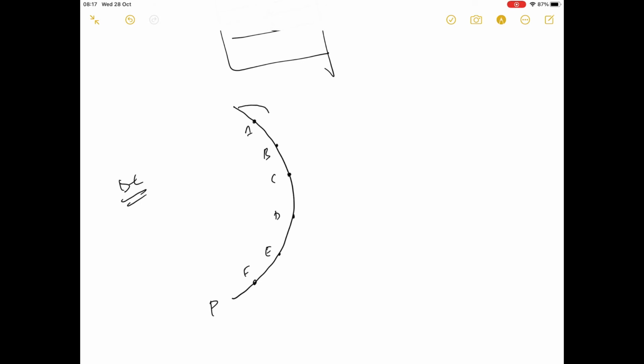He said every point will send out a secondary wavelet, which is drawn as a semicircle, and the radius of this semicircle is going to be delta t into V, where delta t is the time interval after which we want to find the new position of the wave, and V is the velocity of your wave. So every point will set out a semicircle wavelet like this, and all of them are going to have the radius delta t into V, because time taken is the same and the speed of the wave in all directions is the same.